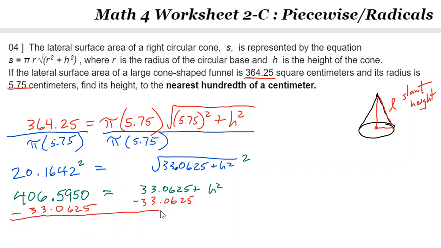And the funny thing is if you keep a couple of extra decimal places like that, you might be surprised at how the answer turns out. Subtract 33.0625. Calculator says, I will bring it over here, 373.53246. I'm going to call it 5325.